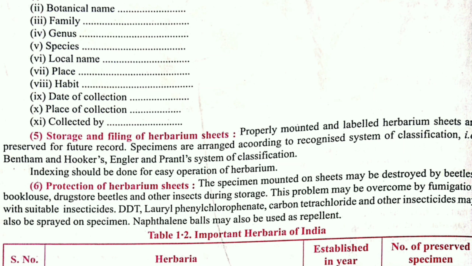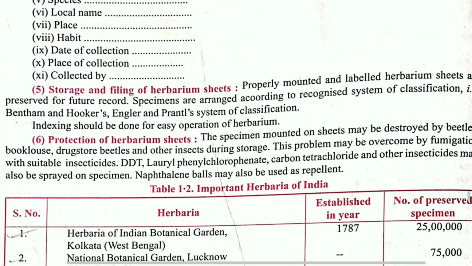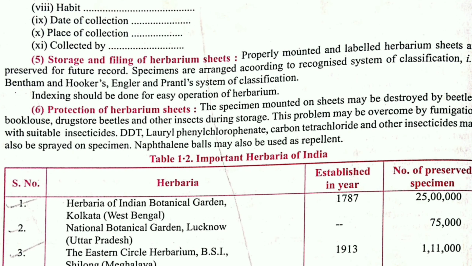Suppose its leaves are used as medicine, or its flowers, or its bark, and so on. Then protection of the herbarium sheet. It should be free from beetles and fungus. For that, children, the leaf should be properly dried. If it is not dried, a little bit of moisture will remain, and then definitely it will not be conserved.